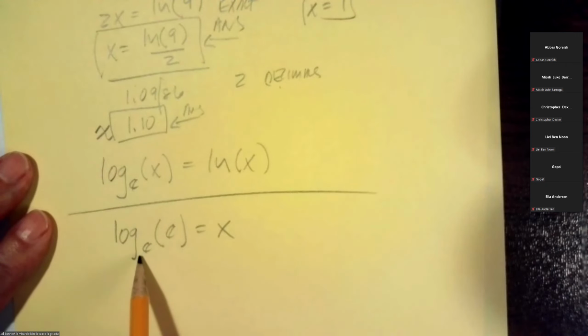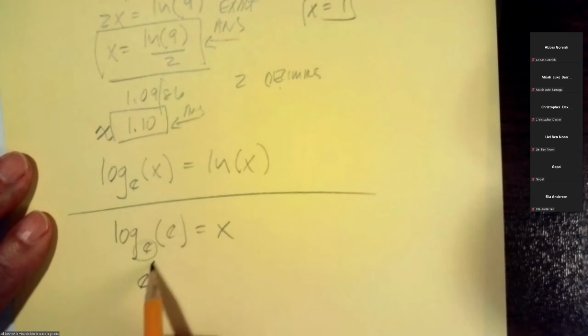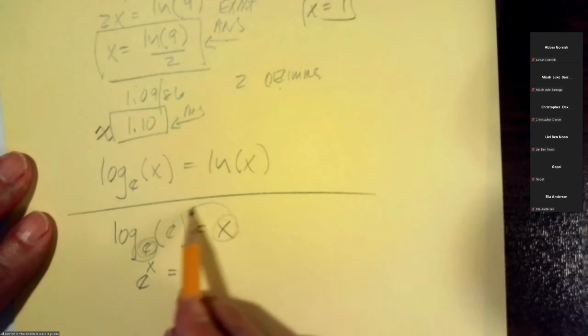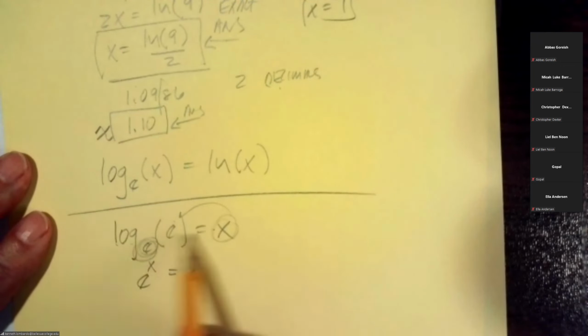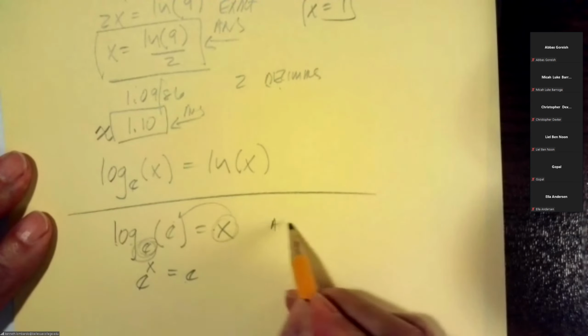But we do know that a log is an exponent of this base. So this tells me that e to the x equals e. That's what this says, because a log is an exponent.